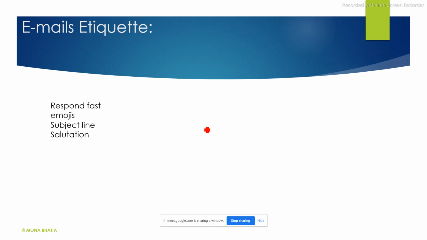Without salutation, it doesn't look like as if the person is addressing you, right? Every message, WhatsApp mein to it's a personal chat, then every time you don't have to write the name. But while writing an email, it is always important that you write dear ma'am or dear, and you can write the name also.